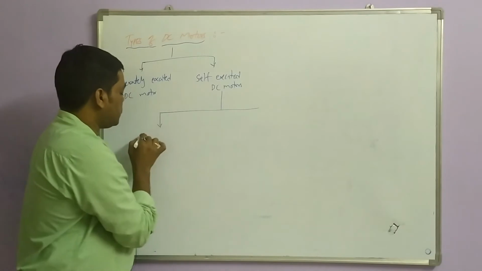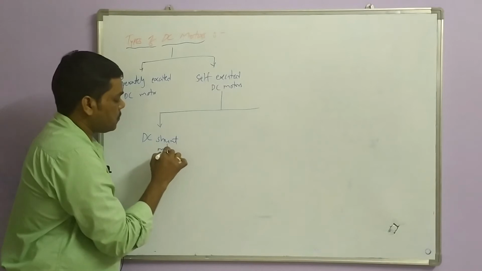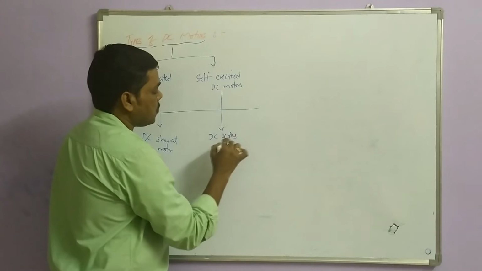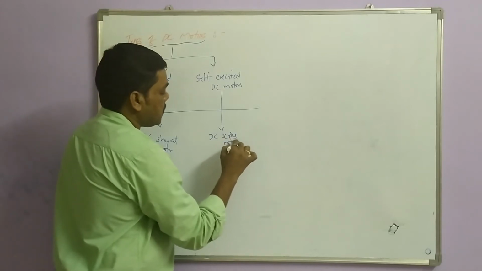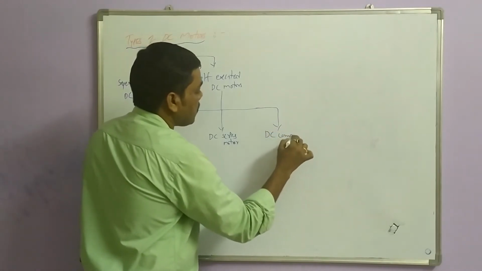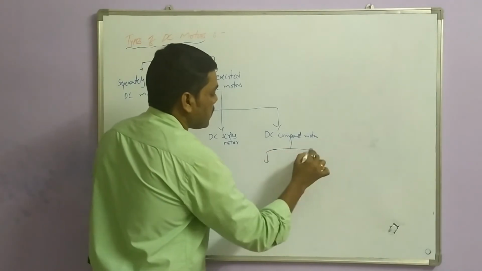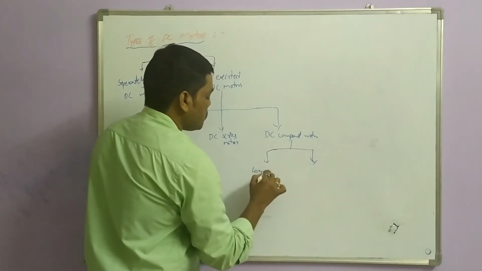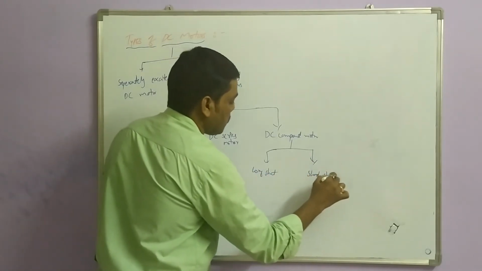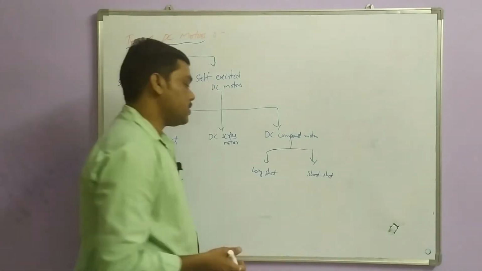The first one is the DC shunt motor, the second one is the DC series motor, and the third one is the DC compound motor. Again it has two types. We already know long shunt and short shunt. We can also take it as cumulatively compounded and differentially compounded.